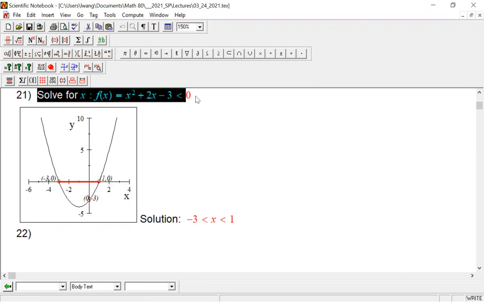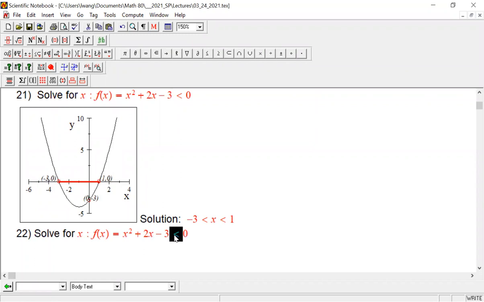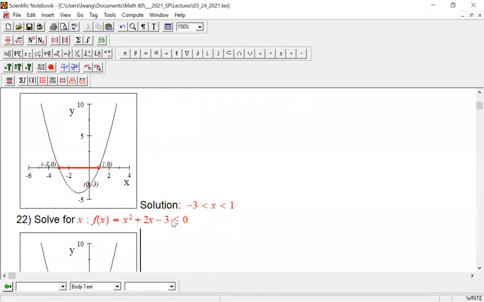For 22, we want the output to be negative or 0. So instead of less than 0, we have less than or equal to 0. So we want a negative output or 0 output. And this same picture will be just modified a little bit.